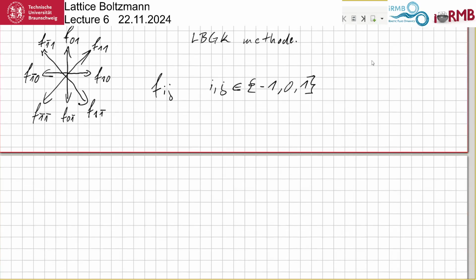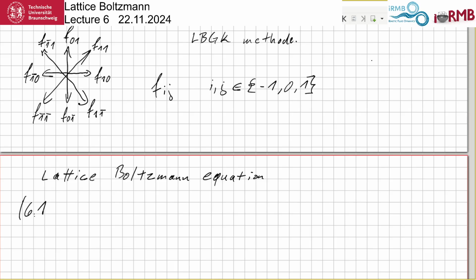Let's come to the Lattice Boltzmann equation, the thing we are solving with the Lattice Boltzmann methods. So, writing down the Lattice Boltzmann method in equation form. We need to keep track of our equations today, so this will be equation number 6.0. And I write the Lattice Boltzmann equation in a little bit of a modernized form.